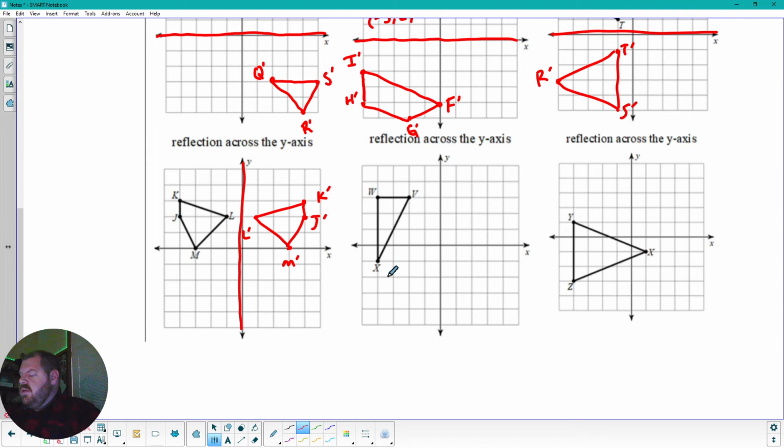I'll look at the coordinates on this one and see how to adjust them to get my reflection. So W, I don't know why I start with W, but that's okay, is at -4, 3. X is at -4, -1.